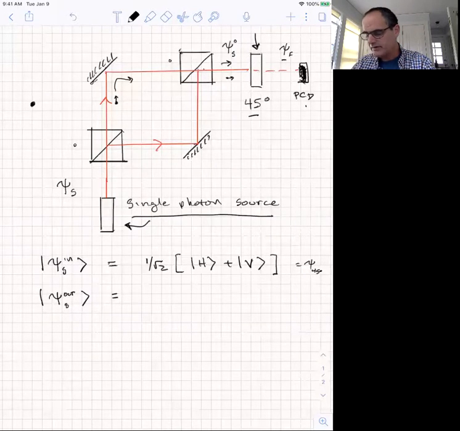First of all, the horizontal component of the beam will travel one distance through the interferometer. And so it'll acquire a phase shift.